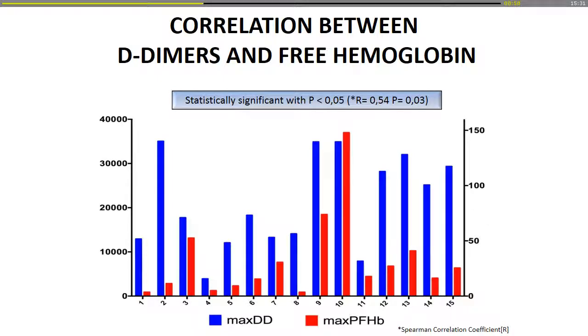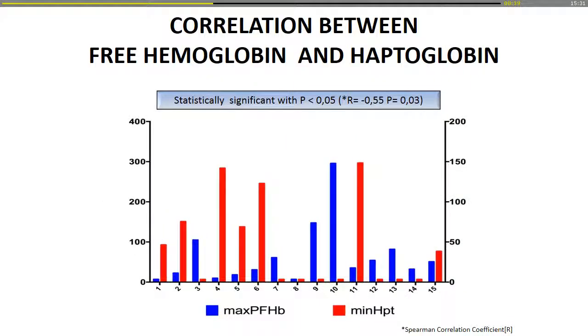With the exposure of the cellular debris, we hypothesized free hemoglobin as the root cause of microthrombosis, which can result in the increase of D-dimers. It's unclear whether this phenomenon occurs in the patient or in the oxygenator.